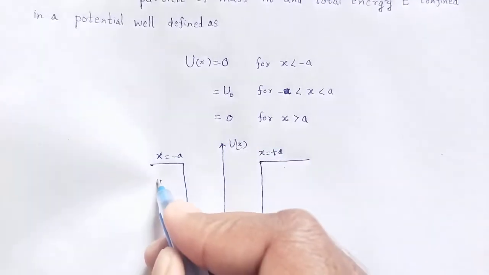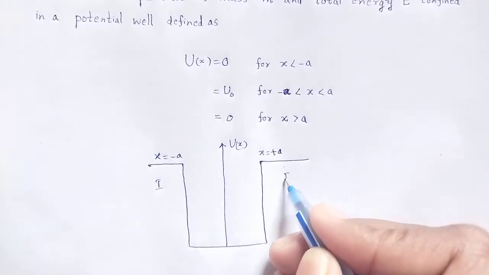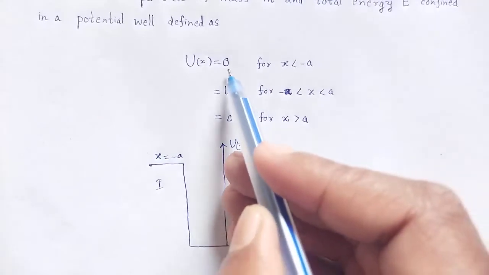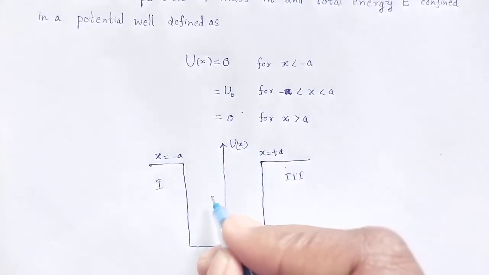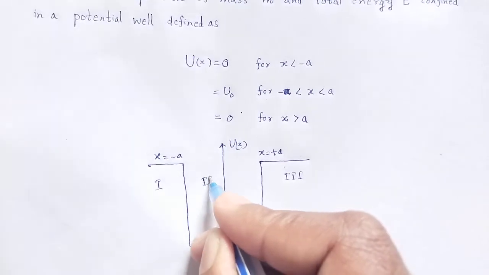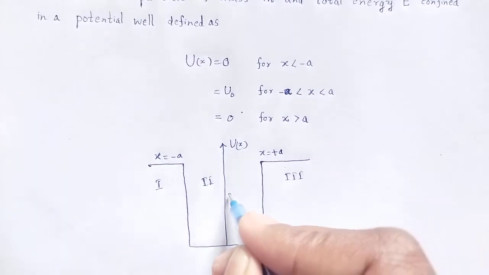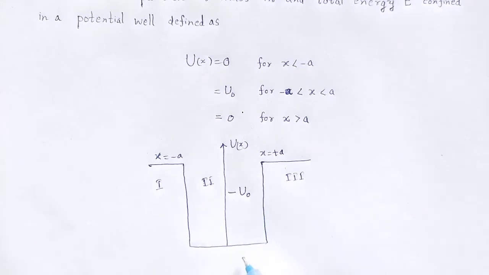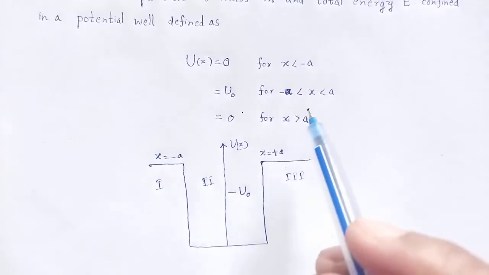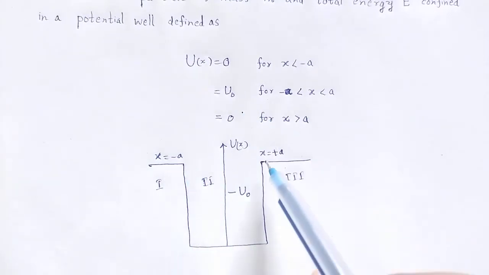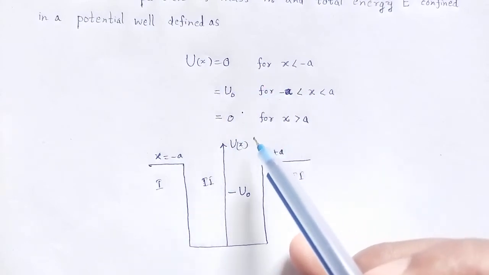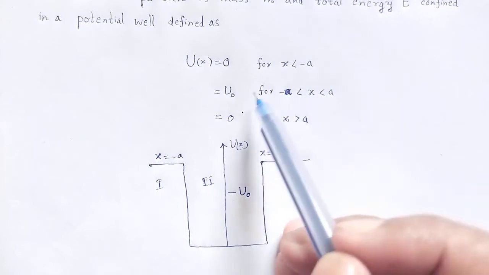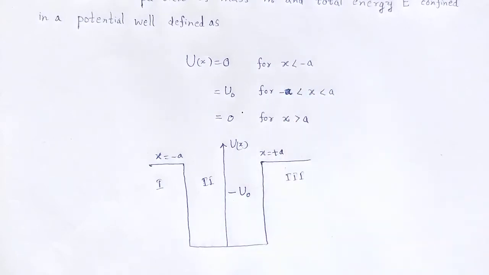In region 1 and region 3 the potential will be 0, and in region 2 it will be minus U naught. This is the square potential, and the potentials of the various regions are given like this.